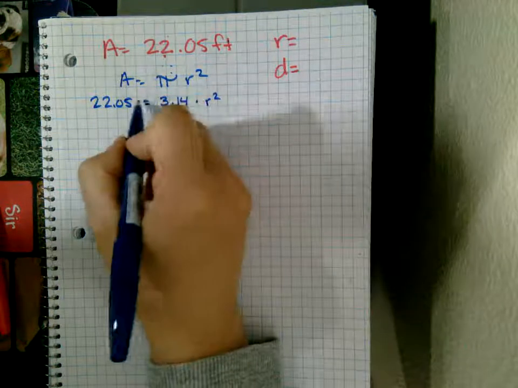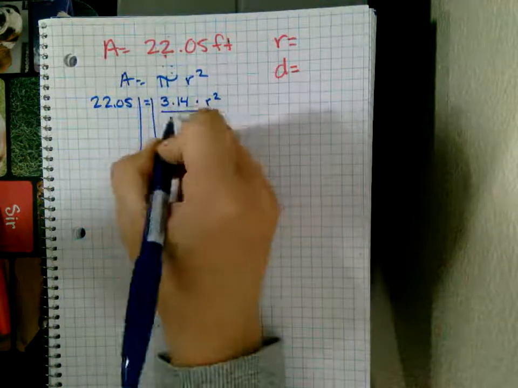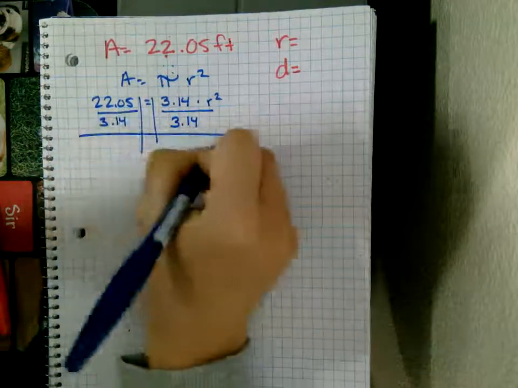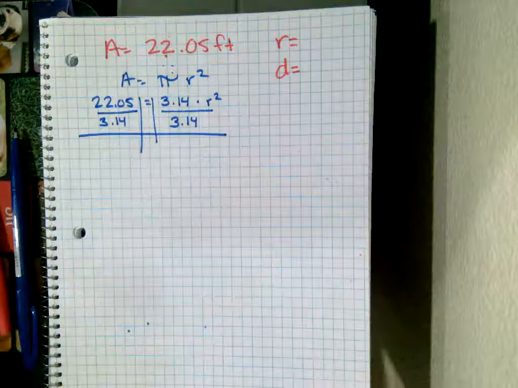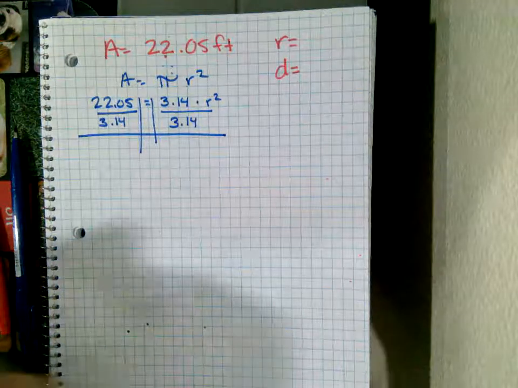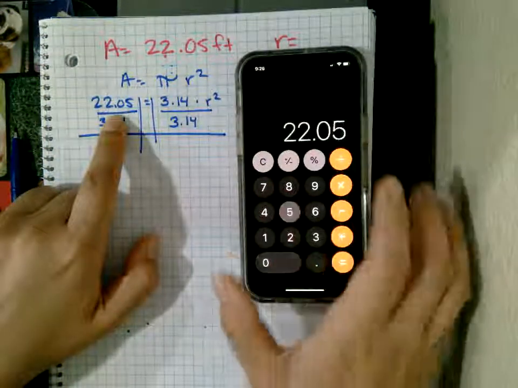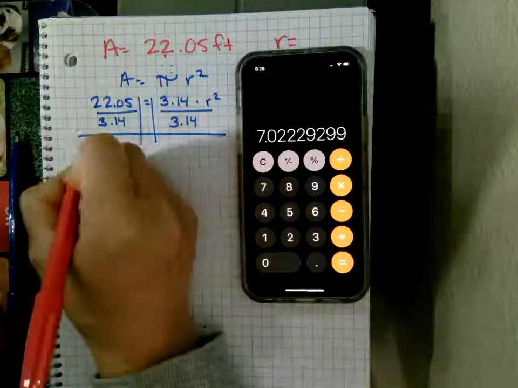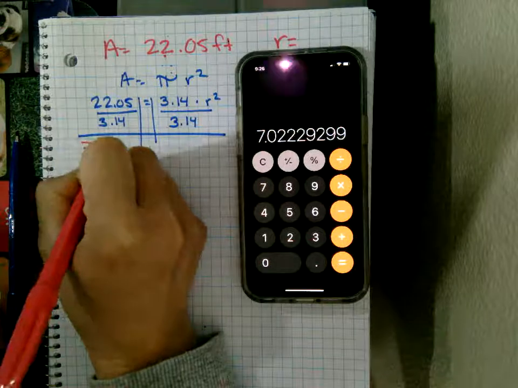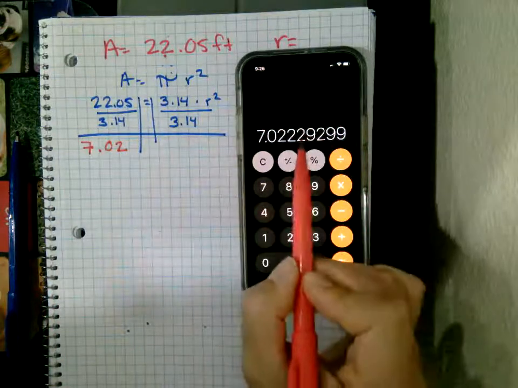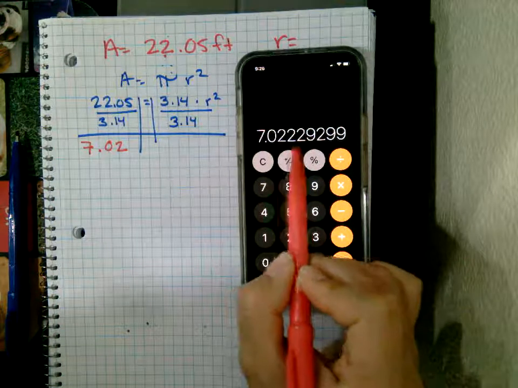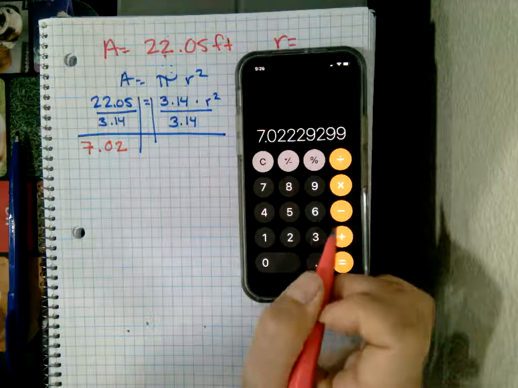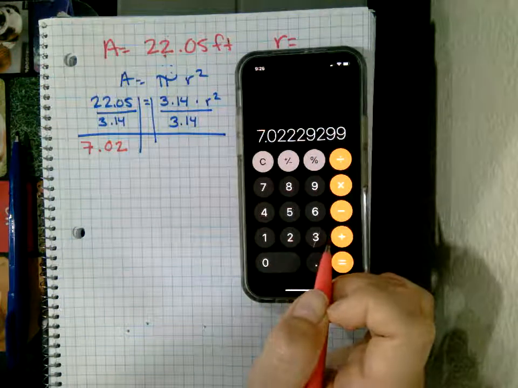All right, so the first thing I have to do is divide by 3.14. 22.05 divided by 3.14 is 7.02. The 2 tells the 2 to stay the same, right? So I'm going to get rid of all of these numbers, and I just stay with this 2. I'm rounding to the nearest hundredth, right?